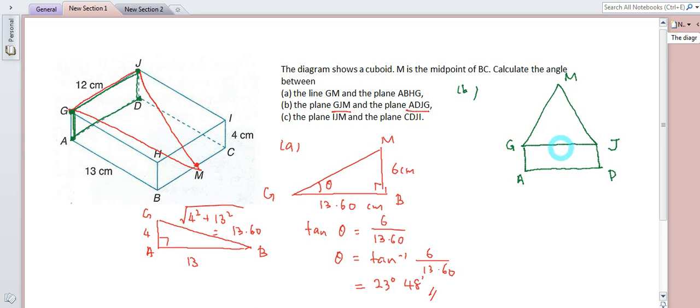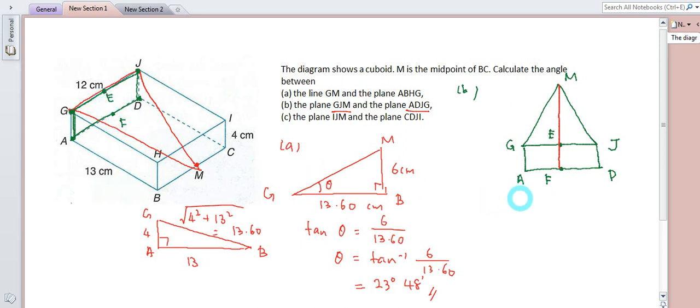So I think I just let this point be E and this point be F. So the midpoint here will be E and the midpoint of AD here will be F. So now you should be able to get a straight line, right? Which is MEF. So the angle that we want is actually MEF.